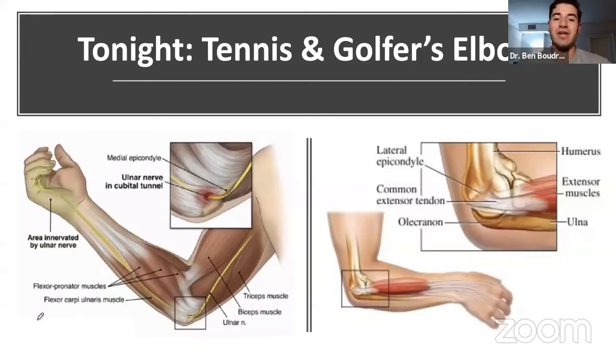You have to make sure that entrapment site is cleared before you make that diagnosis, because when you have a radial nerve entrapment, it can cause similar symptoms, but when you clear it up, the issue can go away pretty quick.